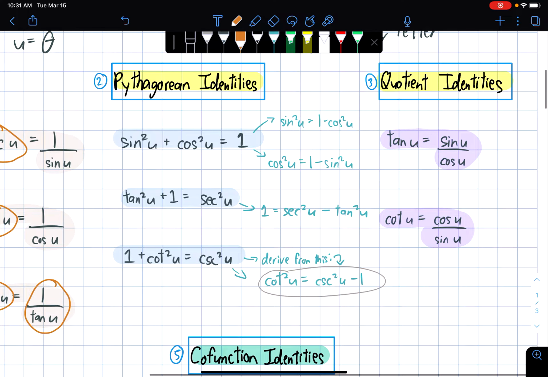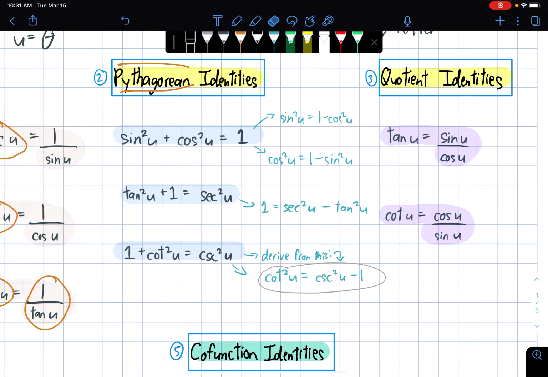For Pythagorean identities, literally from the word Pythagorean, these identities relate to the Pythagorean theorem. So I think we all know that a raised to 2 plus b raised to 2 is equivalent to c raised to 2.